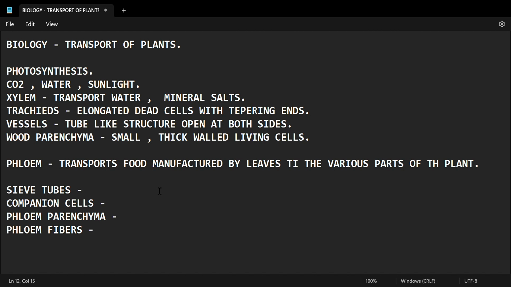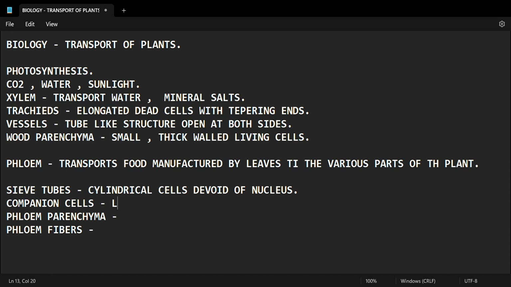Now, sieve tubes are cylindrical cells devoid of a nucleus.